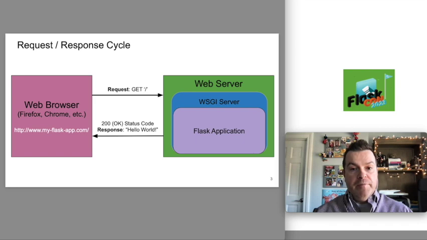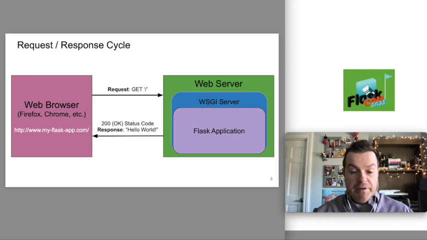So, when developing a web application with Flask, we're focused on processing requests and then generating responses back. In this case, when you enter a URL into your web browser, the request gets sent to the web server, which then passes it on to the WSGI server. The WSGI server creates a standard interface between a web server and a Python application, which here in our example is a Flask application.